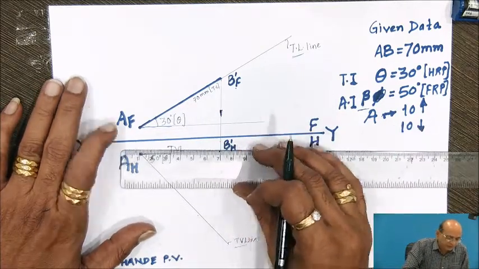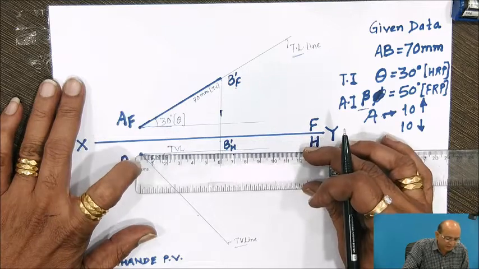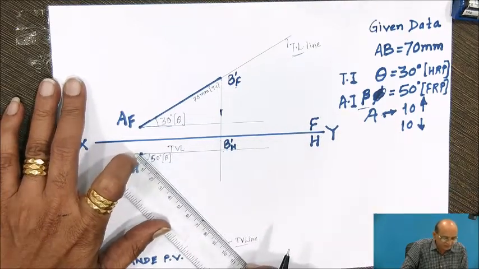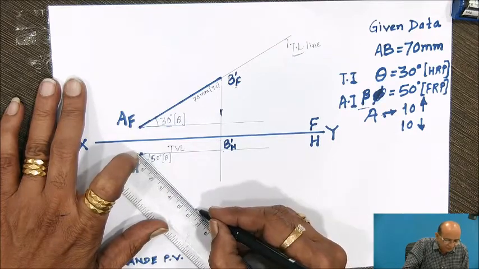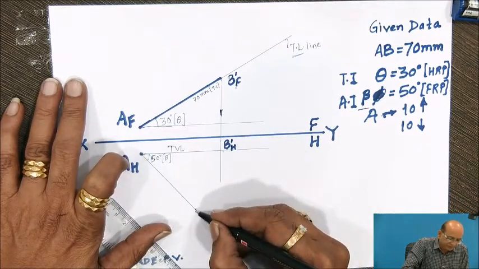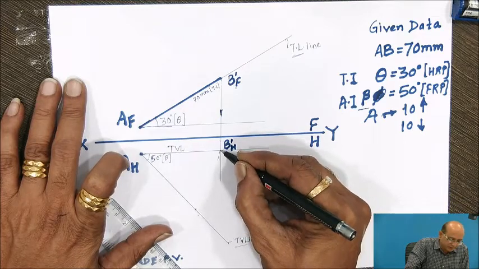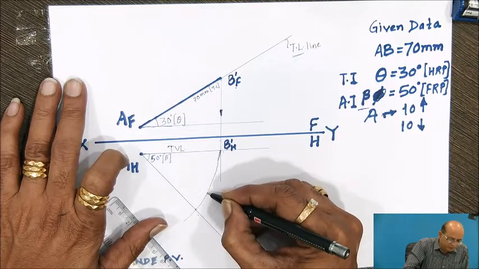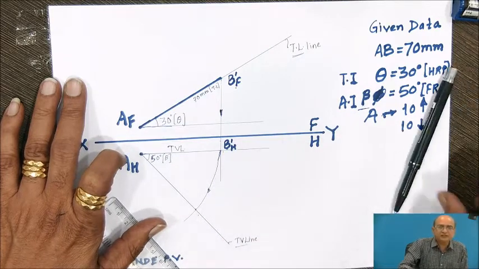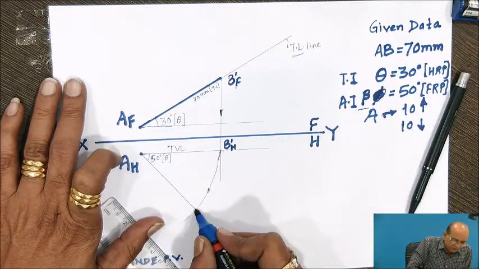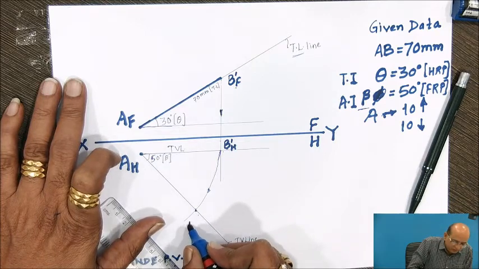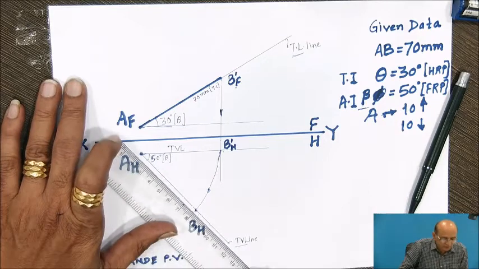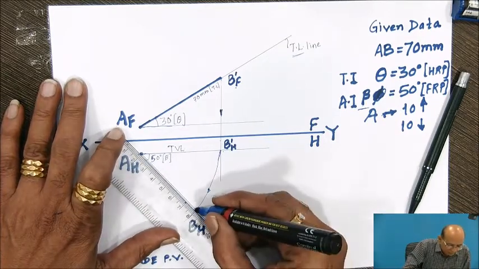Now see, the length over here is 60. I will mark that 60 millimeter distance over here. We are getting the intersection over here, and this intersection obtained is the point BH, and the length AHBH is a top view length.